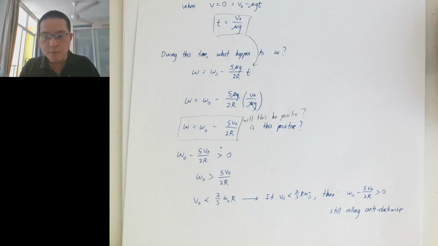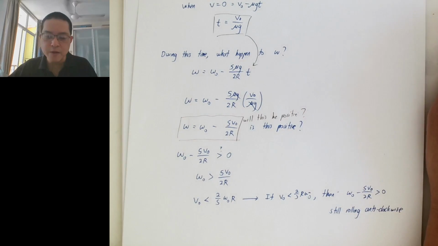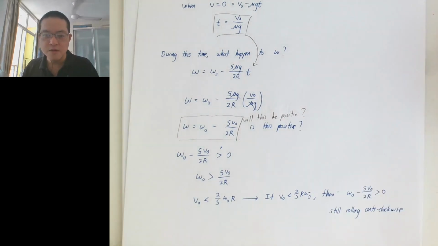After a while, the ball rolling will become clockwise. Actually, no. That is the next part of the question. So when we move on, we will address this situation. Will this become clockwise or not?